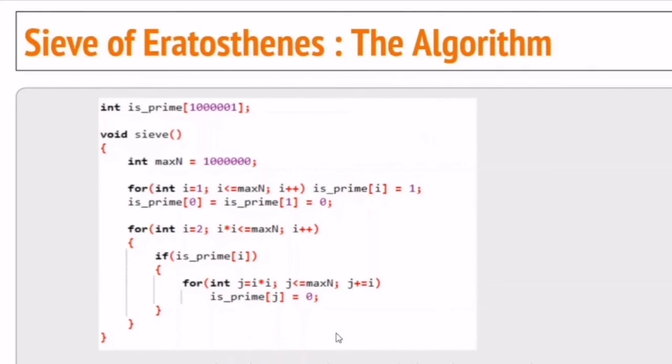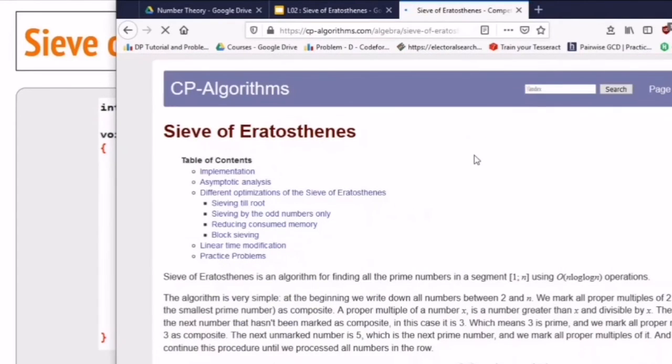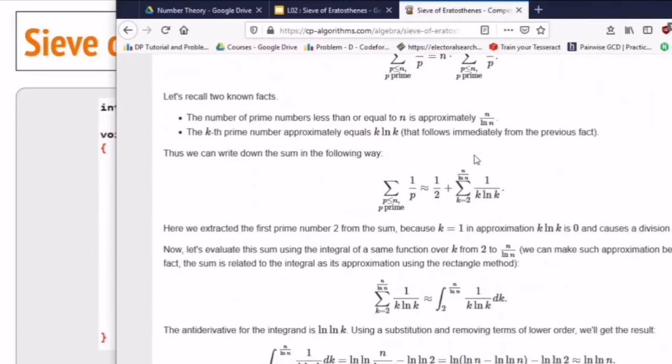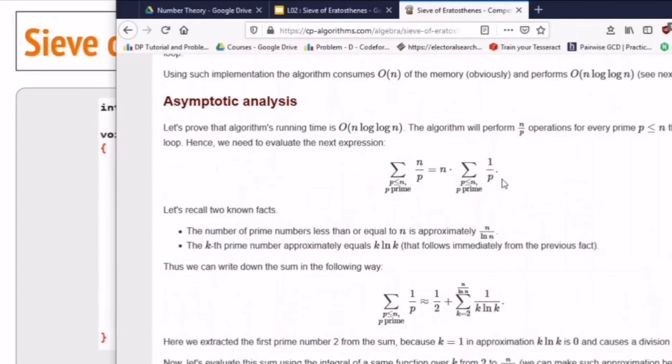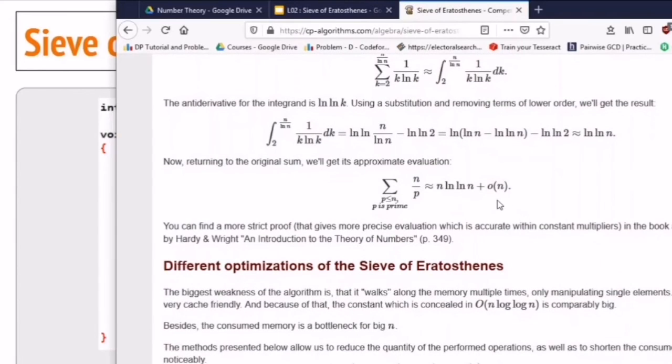So this is how you implement the sieve, and the running time of this algorithm is n log n. For the proof of this you can go to CP algorithms, where there are also other algorithms which you can study. You can see the running time analysis of this algorithm, which comes out to be n log n.